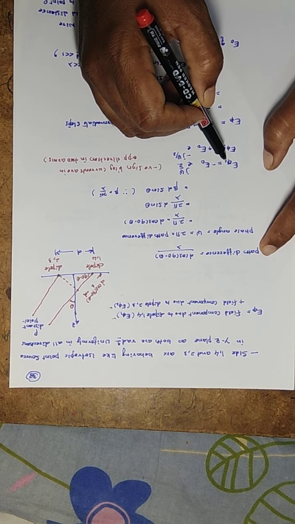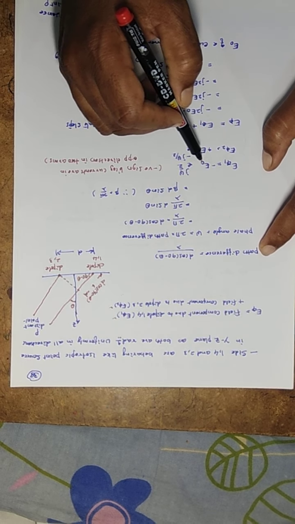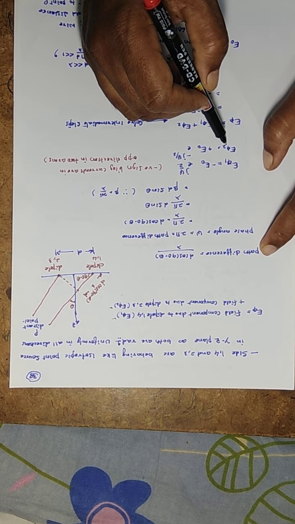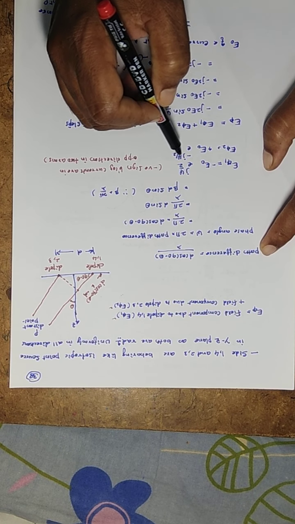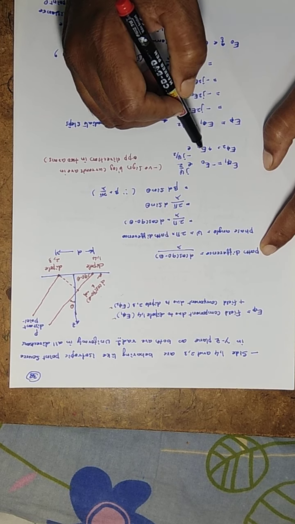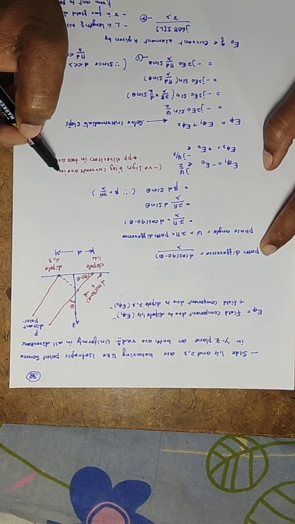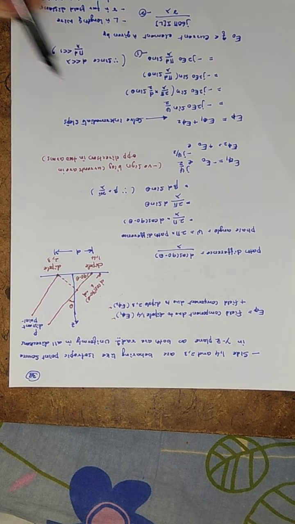Then the field due to antenna 1, 4 is minus E naught e to the power of j phi by 2, and E phi 2 is E naught e to the power of minus j phi by 2. The magnitude is the same, but they are opposite in phase, and this negative sign is because currents are in the opposite direction, not in the same direction.